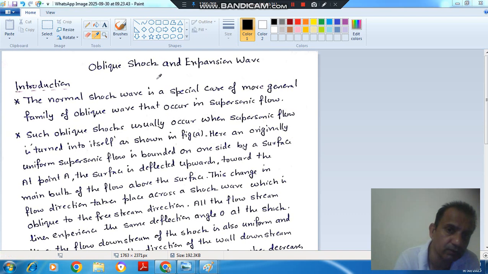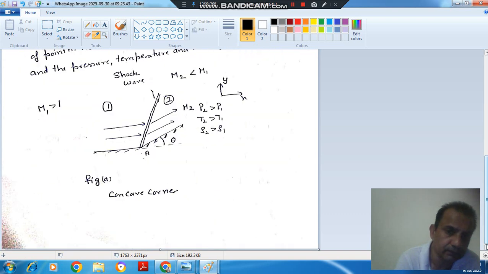Starting with oblique shock, normal shock actually is the special case of oblique shock wave. So what is oblique shock? When there is supersonic flow and the surface turns into itself like this, it is going towards it, then a shock wave develops at some angle, which causes a discontinuous change in properties.